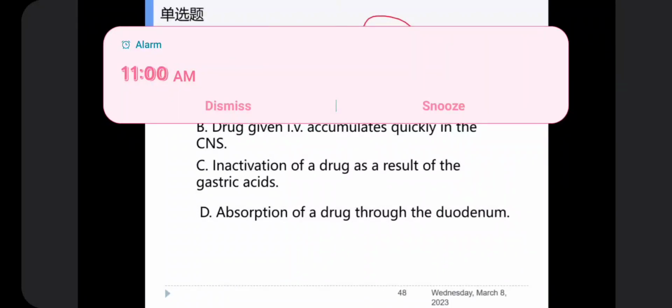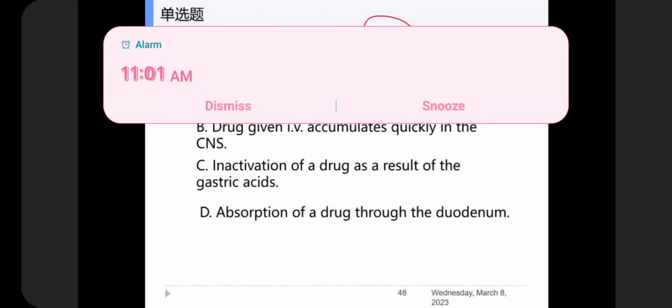Okay, no doubt we should choose some keywords to get the right answer. Now you can see A: the drug given orally is metabolized by the liver before entering the circulation. So A is correct.